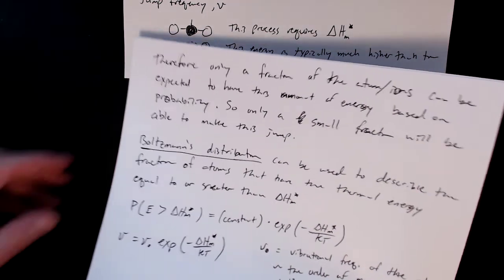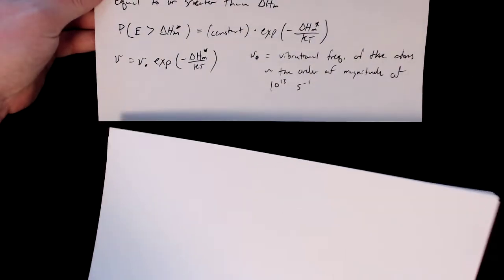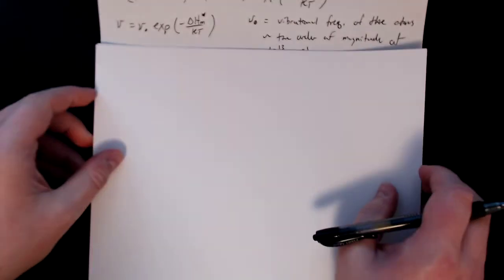All right, so I want to look at a couple different scenarios now regarding this expression. So I'll keep this up here at the top, so hopefully you can see it.